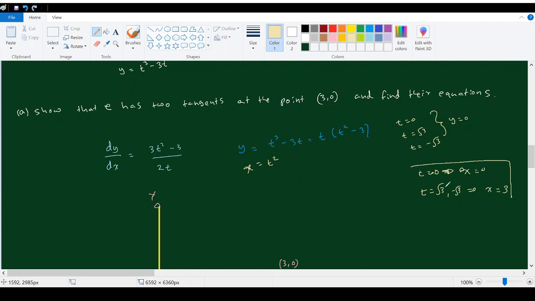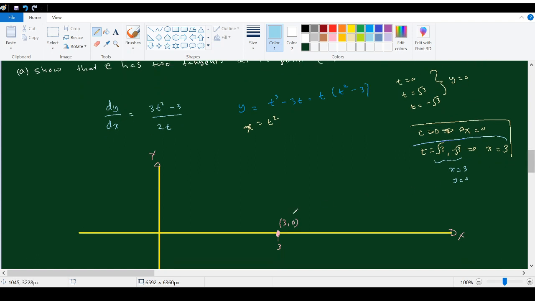So at these parameter values, root 3 and negative root 3, x is equal to 3 and y is equal to 0. That means this point (3, 0) is obtained both when t equals root 3 and when t equals negative root 3.